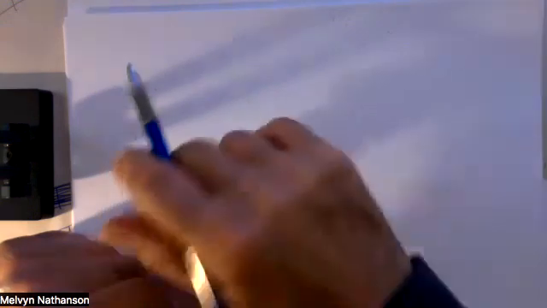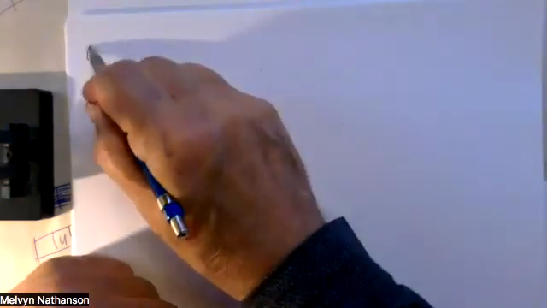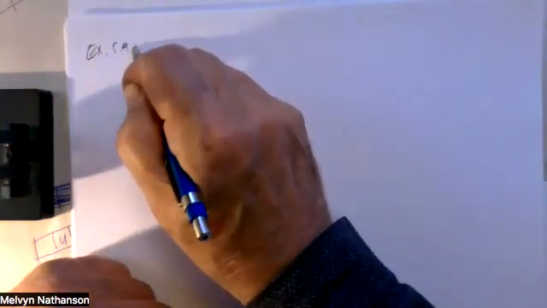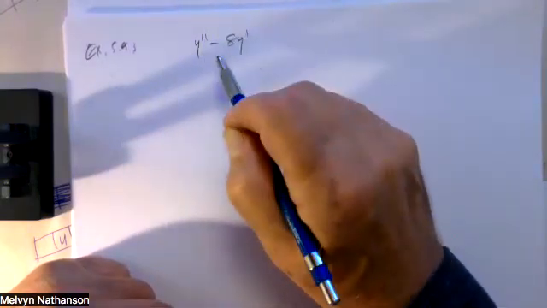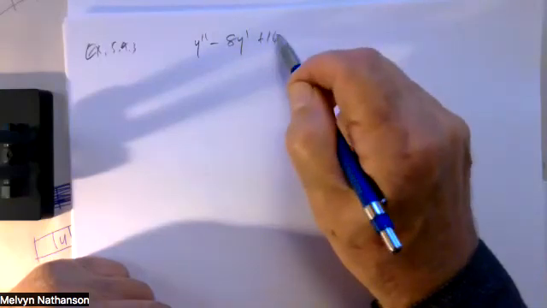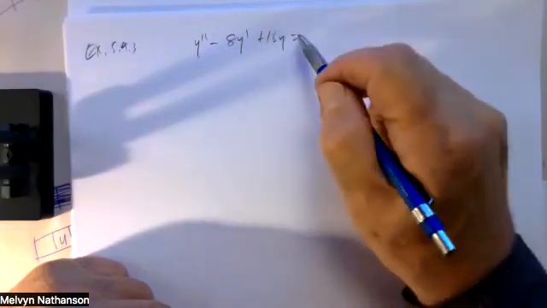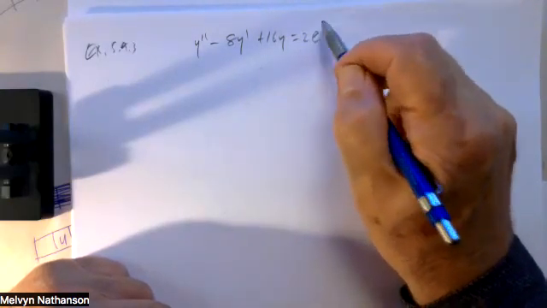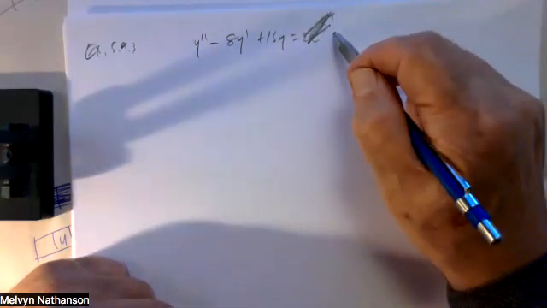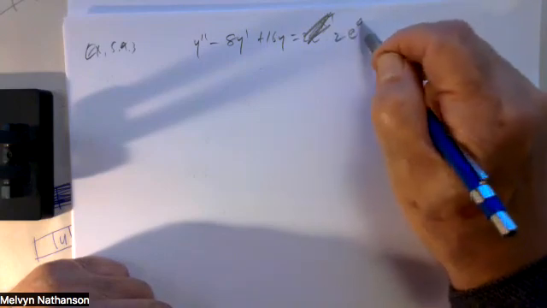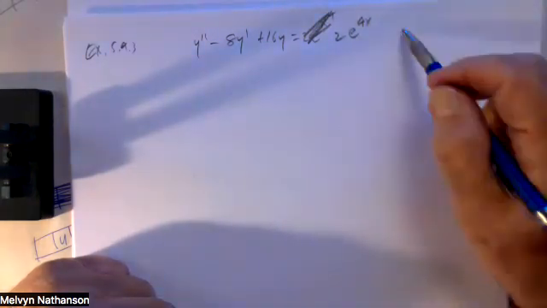Okay, so here's another example. This is example 5.4.3: y'' - 8y' + 16y = 2e^(4x), a pure exponential.